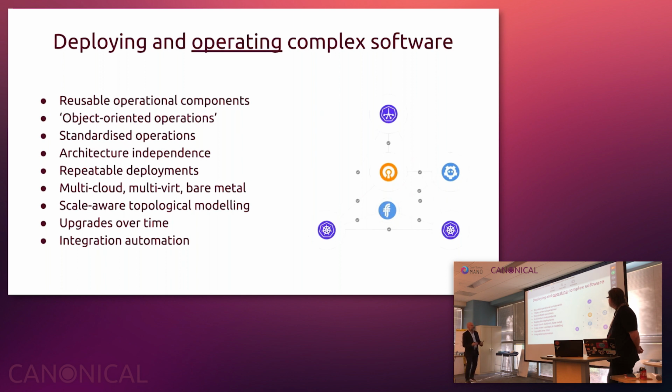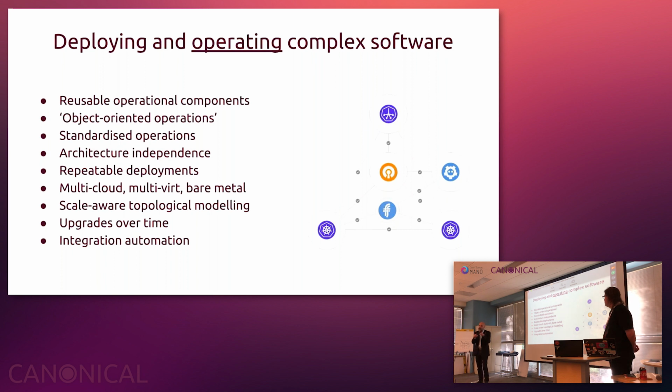Right, so what does Juju actually do for us? It essentially says any piece of software that we want to operate, we turn that into a reusable component, but a reusable operational component. Docker will give you the app. The charm gives you the operations of the app as code, and most importantly, as code that can be shared by lots of different operators because the code is blind to where it's being used.